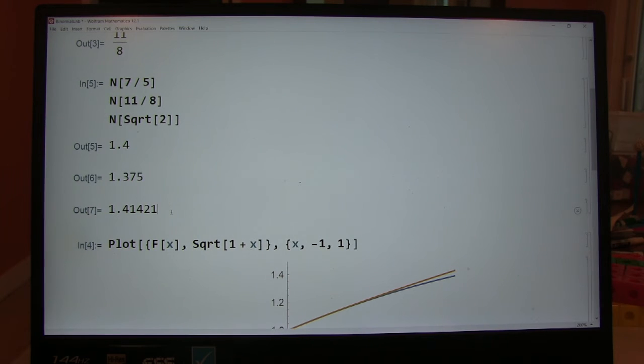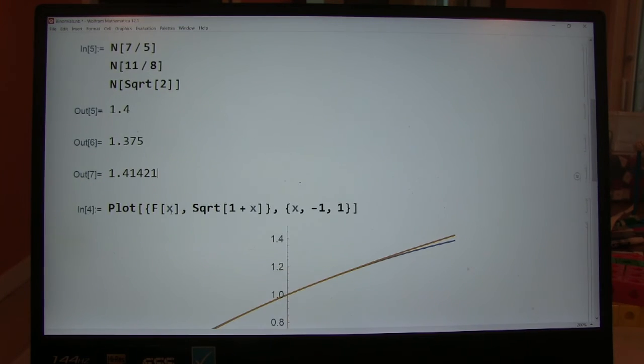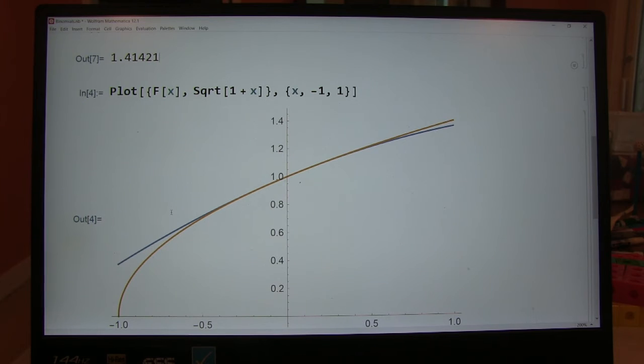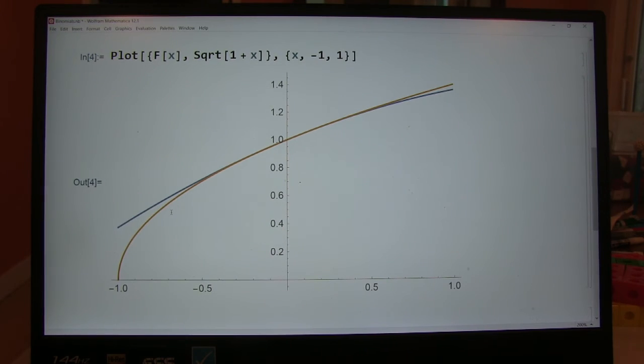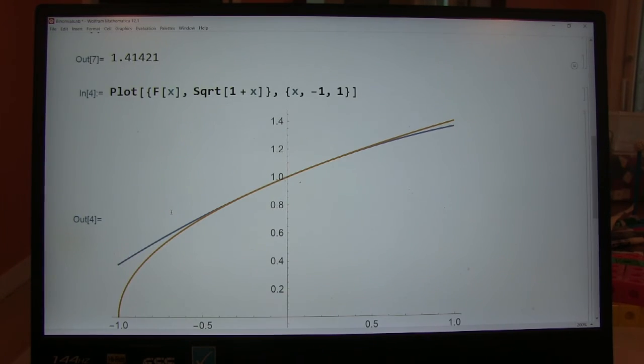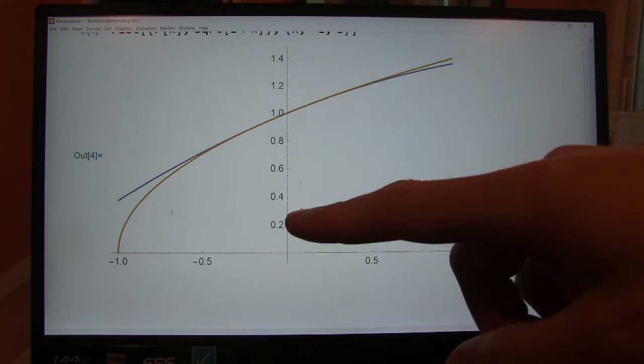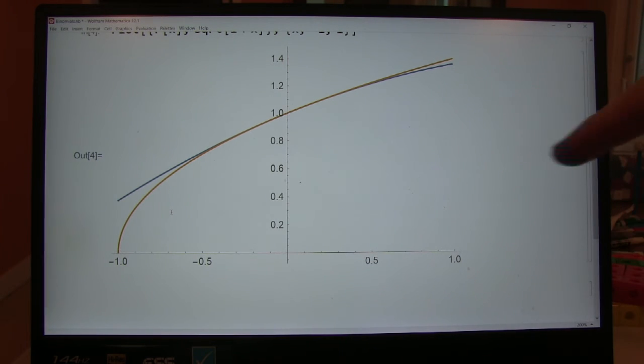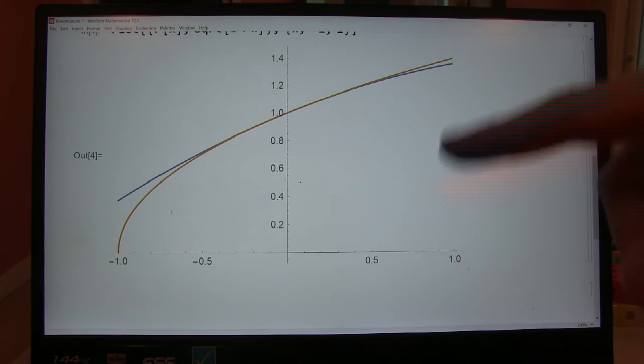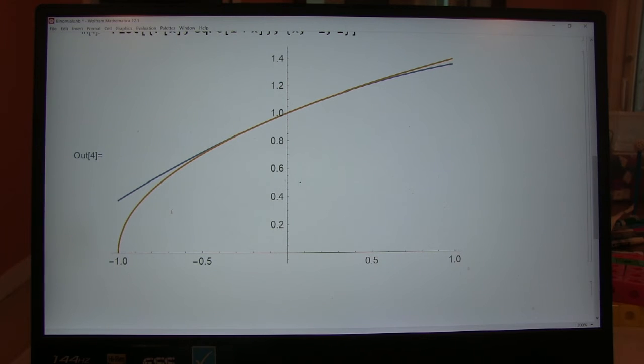So let's scroll down and show the plot of what our 3-term approximation looks like between 0 and 1. All right, that looks pretty good. There's the orange curve, which is the square root of 1 plus x, and the blue curve is our approximation. What are some things that you notice about that approximation?